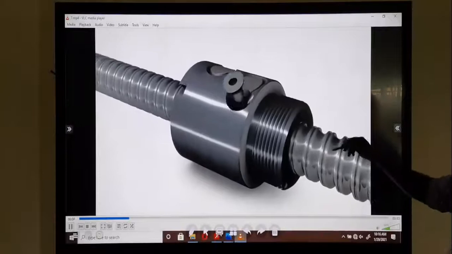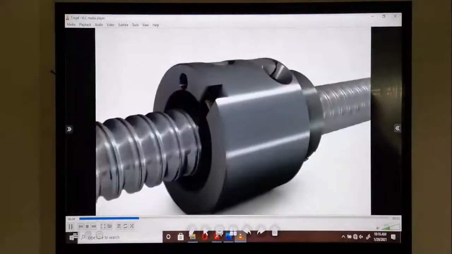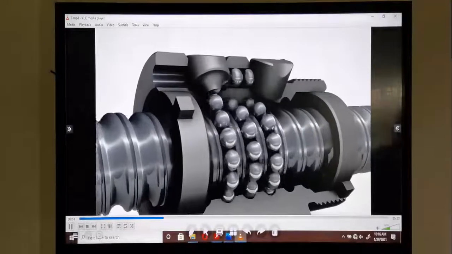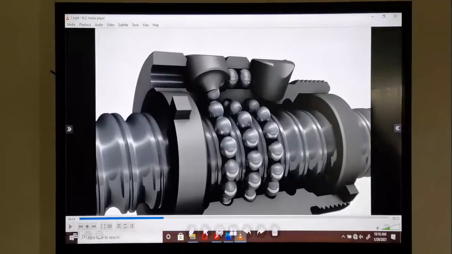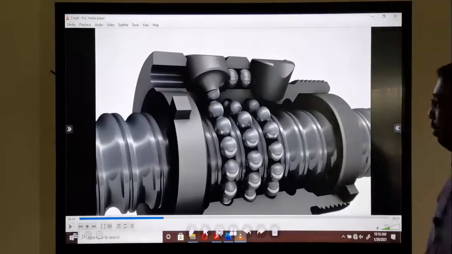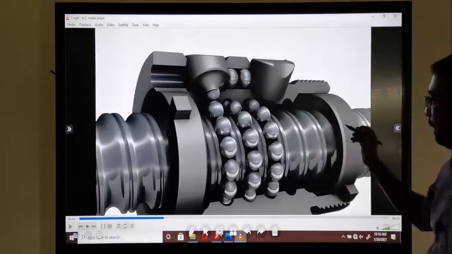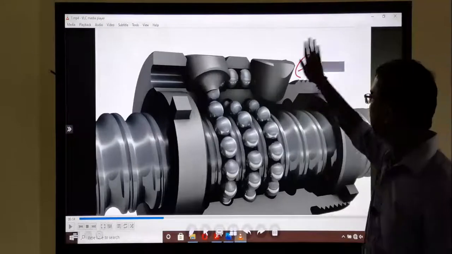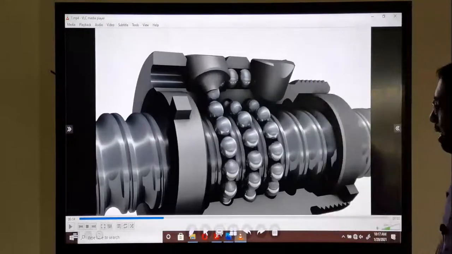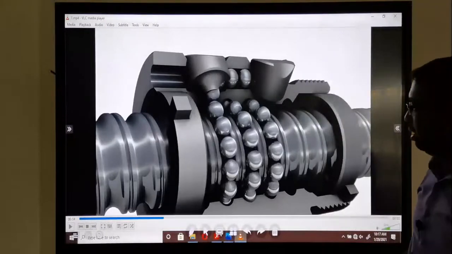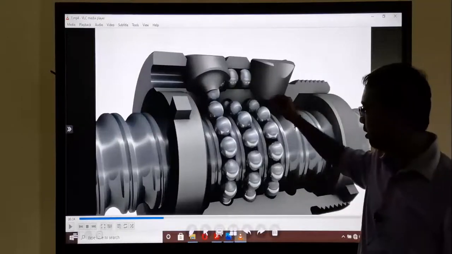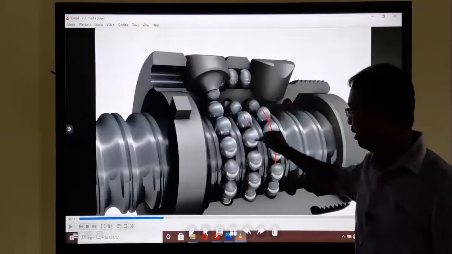So there is a worm here. Just observe the things. Here you can see the balls. This ball nut track comes and moves this way or that way. But additionally the balls, what happened? There are grooves.